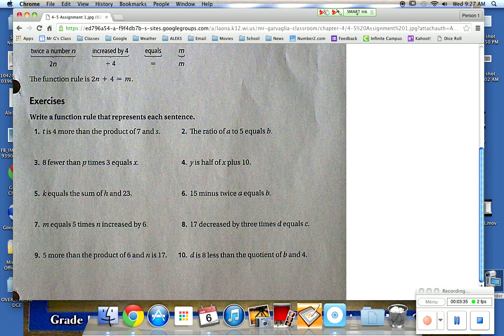T is 4 more. What do I want to put in there? T is 4 more, so it'd be T plus 4, right? Then the product of 7S. My T looks really funky.